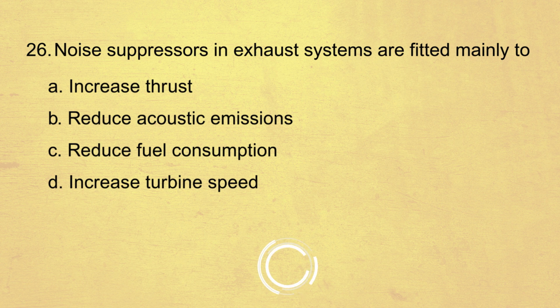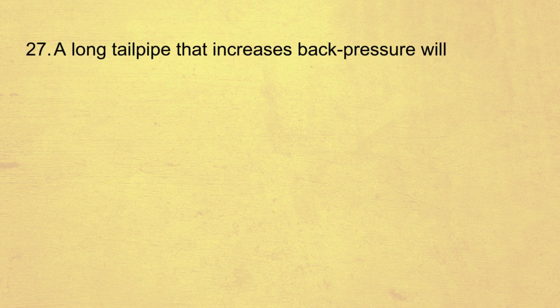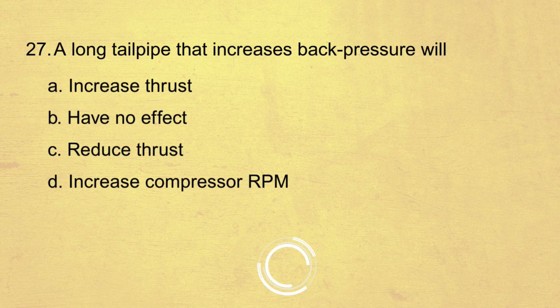Noise suppressors in exhaust systems are fitted mainly to reduce acoustic emissions. A long tailpipe that increases back pressure will reduce thrust.